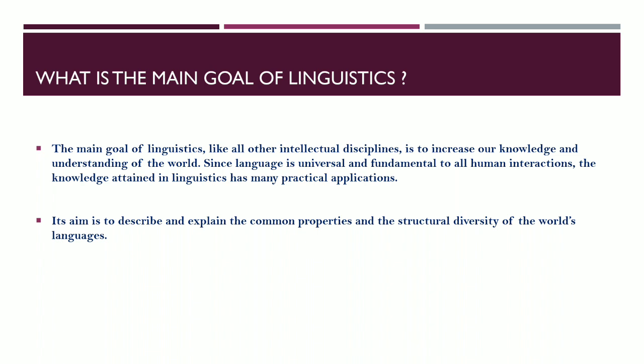Another aim is to describe and explain the common properties and the structural diversity of the world's languages. Which means, if we want to understand a language from its 6 dimensions, which we mentioned before, we need to use these terms in order to have an overview or have the capacity to understand this language.